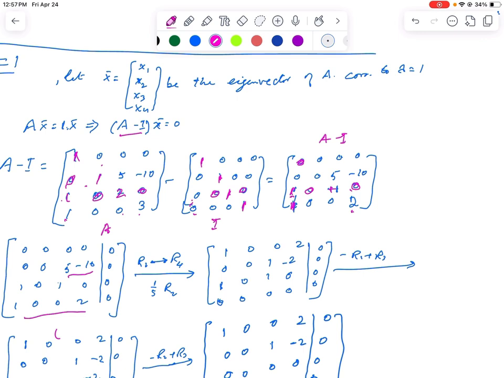So multiply R1 by negative 1 and add it to R3 to make this 0.